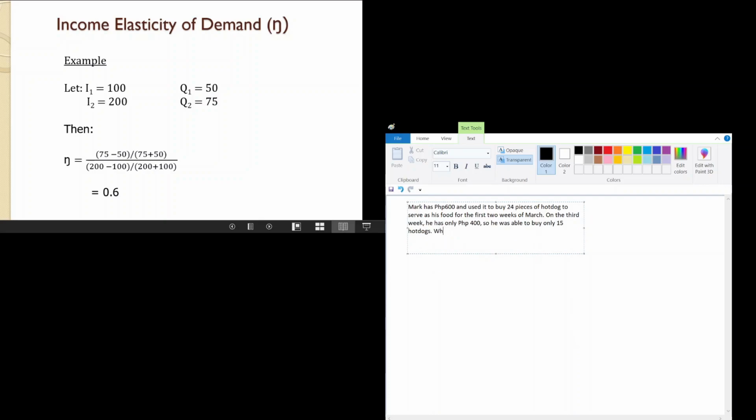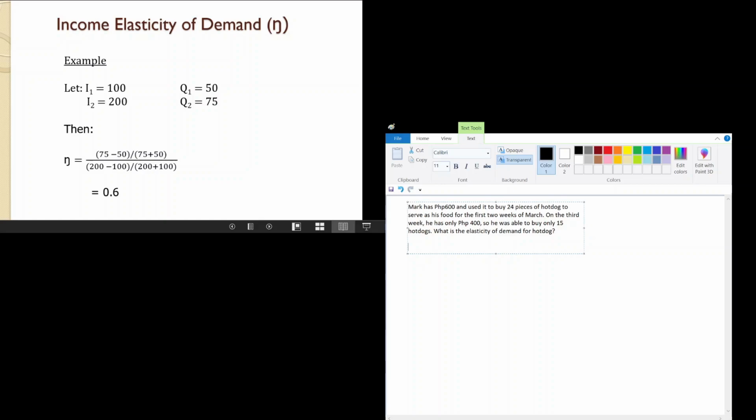So, what is the elasticity of demand for hot dog? Okay, so ito yung given. Ito yung problem. Mark has 600 pesos and used it to buy 24 pieces of hot dog to serve as his food for the first 2 weeks of March. On the third week, he has only 400 pesos, so he was able to buy only 15 hot dogs. So what is the elasticity of demand?